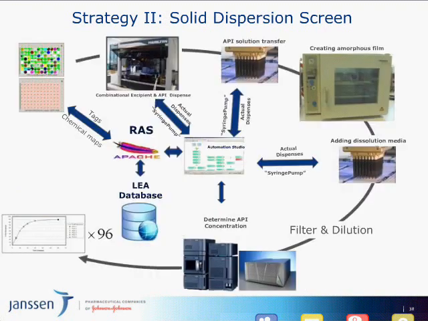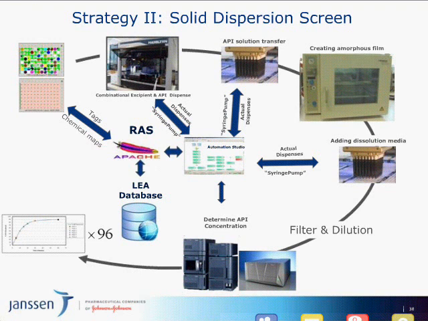Again, the overview of the solid dispersion screen: design of experiment in Library Studio, dispensing, so making the combinations with the Hamilton Starlet. We're going to transfer from our master mix to our film casting plates. We're going to put these film casting plates in the oven and evaporate the solvent off very quickly.